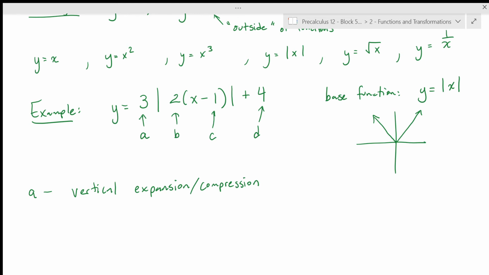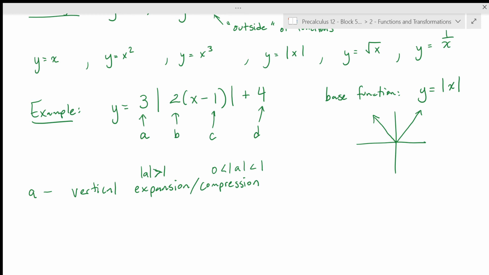So if you have a point like 1 comma 2, that same point would be transformed to 1 comma 4 because you multiply the y value times 2. Okay, so expansions happen when the absolute value of a is greater than 1, which means a is bigger than 1 or smaller than minus 1. And a compression is when the absolute value of a is between 0 and 1. So again, the number part without reference to the sign.